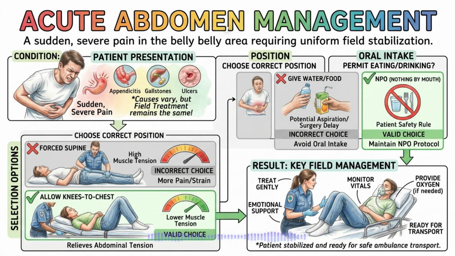You will notice these patients naturally pulling their knees up to their chest to relieve tension on their stomach muscles, a position you should allow them to maintain during transport. You must treat them gently. Provide emotional support. Treat for shock if necessary. And avoid giving them anything to eat or drink.